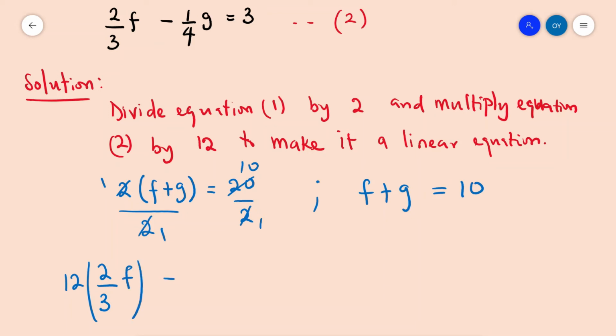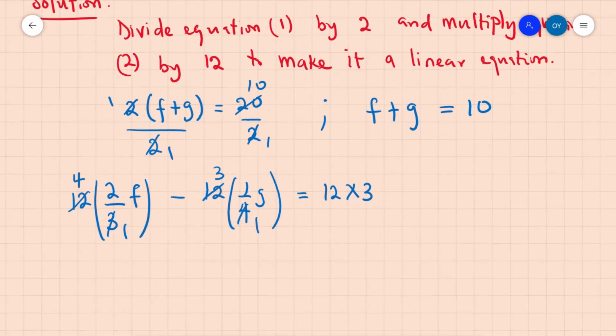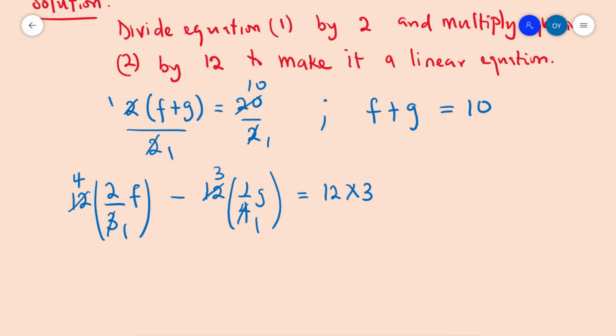So we have 12 multiplied by 2 over 3 f minus 12 multiplied by 1 over 4 g equals 12 times 3. So we can reduce the terms, and so this becomes a linear equation.